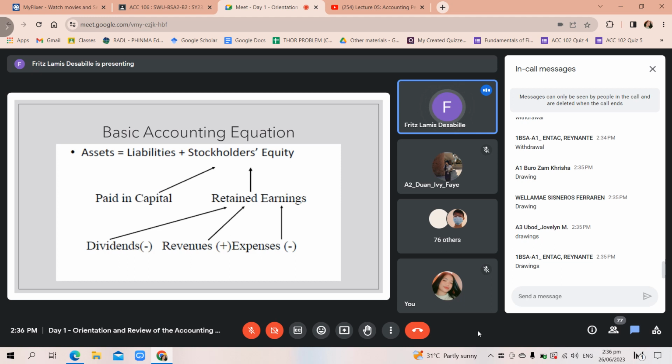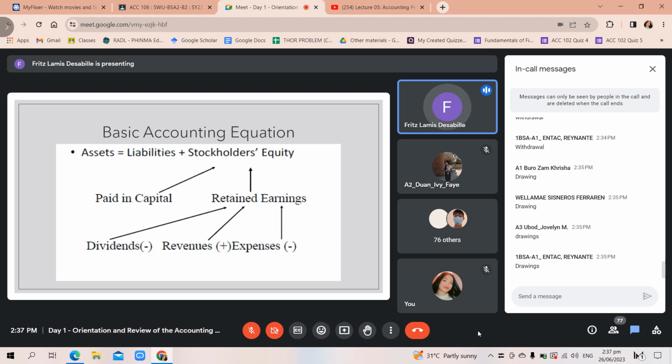So, atong terms karon, retained earnings for the accumulated earnings and paid in capital or share capital for the contributions. What is the difference? So paid in capital, guys, those are contributions from the owners or from the stockholders, other than those earned from operations.